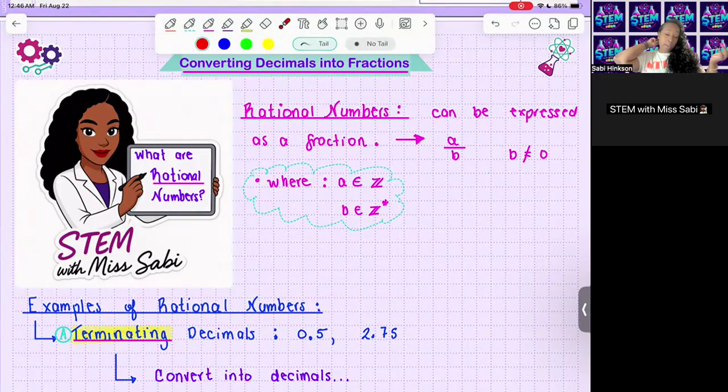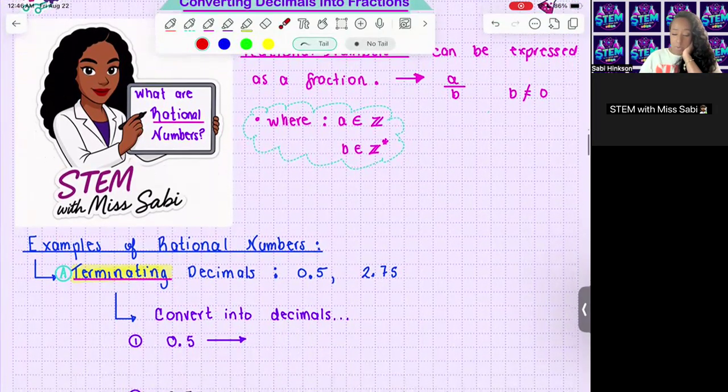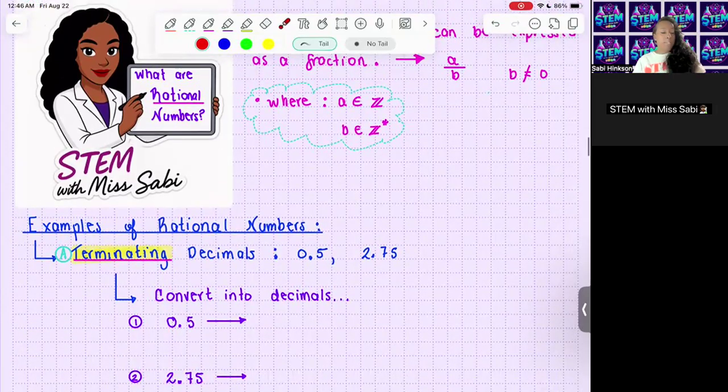There are two categories when converting decimals into fractions. We have this nice category of terminating decimals. If something is terminating, that means there's an end to it. It's not repeating, it's just a regular decimal, no biggie.